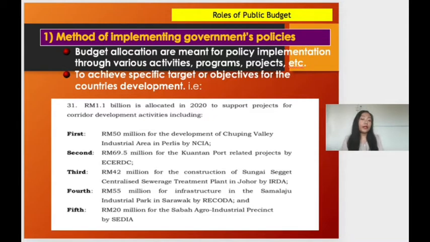You are aware, right, that budgeting involves allocation of a certain amount of money for the implementation of government's policies or goals. For example, based on the 2020 budget, the Malaysian government has come up with 5 set goals that may help in enhancing the economy of the country. The first goal is related to driving economic growth in the new economy and digital era.